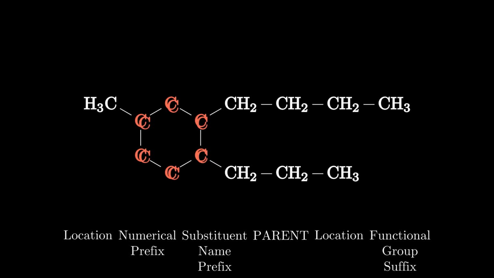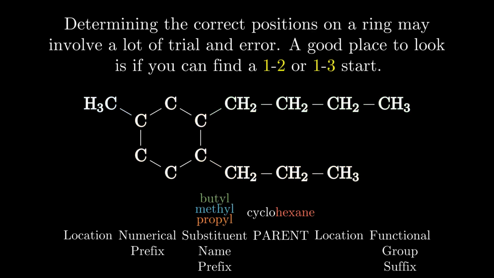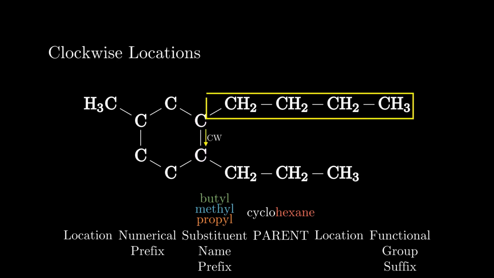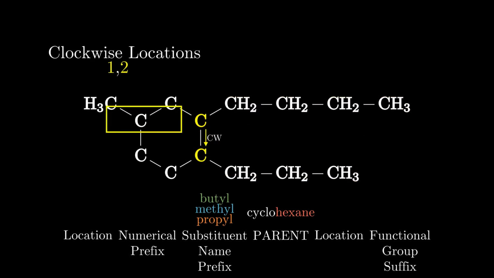Cyclohexane features once again, and the 3 substituents are methyl, butyl, and propyl. With so many substituents, finding the smallest numbering can be a bit difficult, but if you can find a neighboring 1-2 or 1-3 position, start there. Choosing the 1-2 option and going clockwise from the butyl, we get 1, 2, and 5.